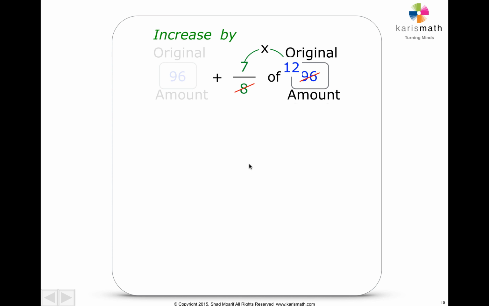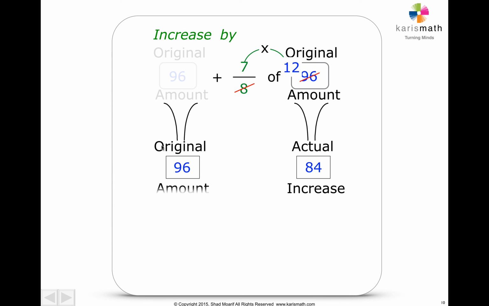It is 84. So the actual increase is how much? How much do you actually increase it by? 84. That's right. So the original amount was 96. So what's your final answer? What will the new amount be? That's right. 180. Excellent.